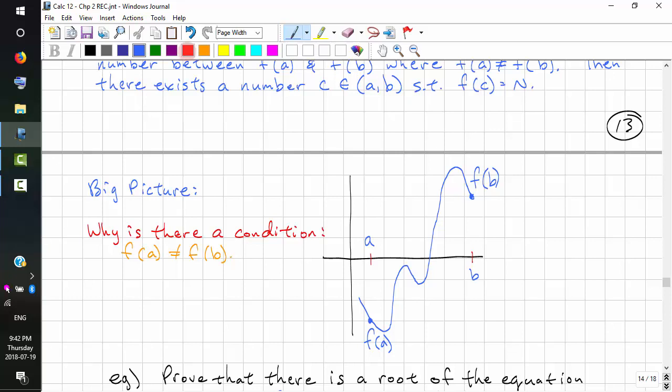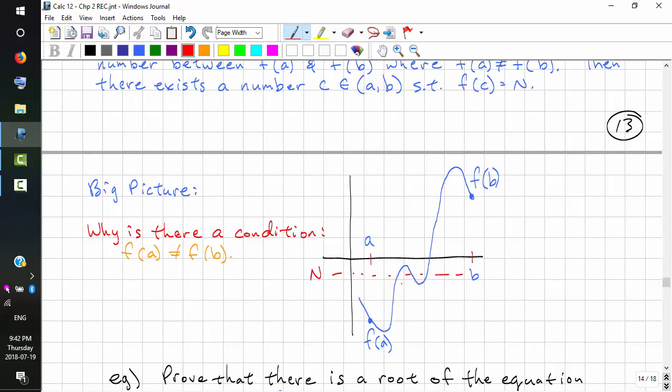So let's pick an n. So this is an n. It's between f of A and f of B, so we have to draw our n somewhere in this range. It tells us that there's going to be a c in between A and B such that f of c is equal to n.